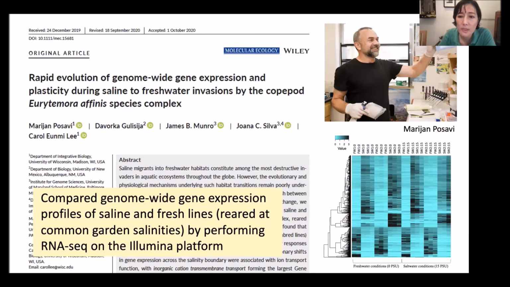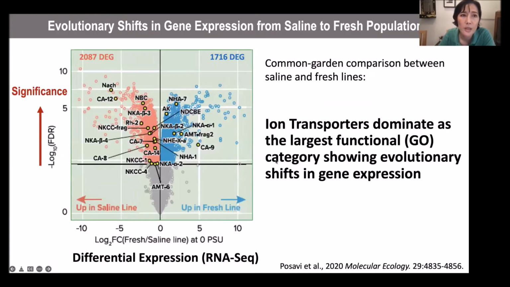So to examine the loci that might be under selection during saline to freshwater invasions, and to test those hypotheses, we performed comparative genome-wide gene expression analysis, where we compared the transcriptional profiles in replicate between saline and freshwater lines using RNA-seq on the Illumina platform. We found evolutionary shifts in genome-wide gene expression between the saltwater and freshwater populations.